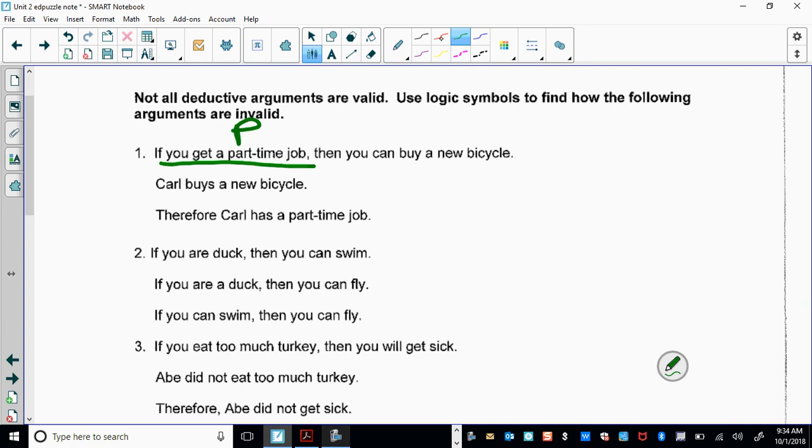And then you can buy a new bicycle, that's your Q. Carl buys a new bicycle. So this is Q. P, Q, Q, I didn't have any like that, right? So far, it's either P, Q, P or P, Q, not Q, or there was another statement here, but since I don't have this, this is going to be not valid.